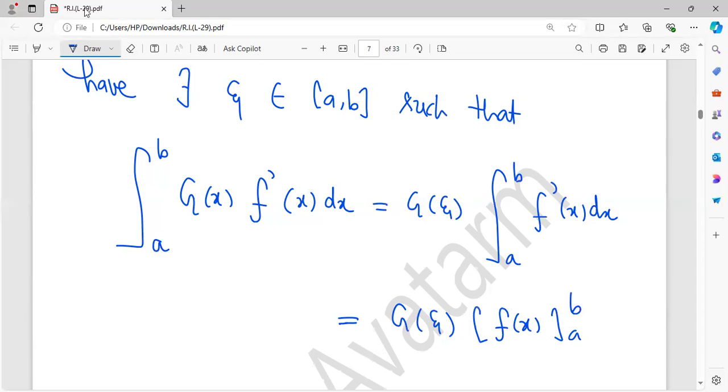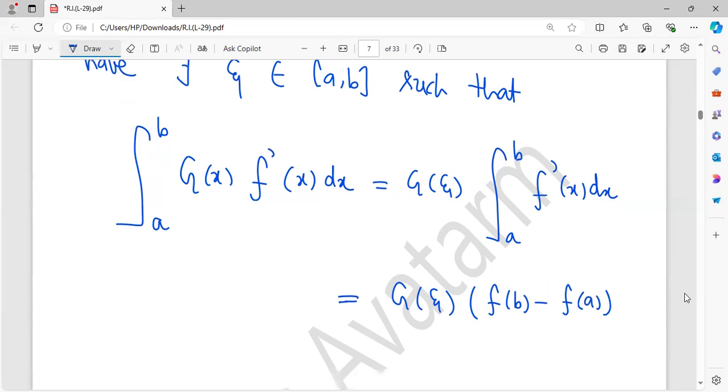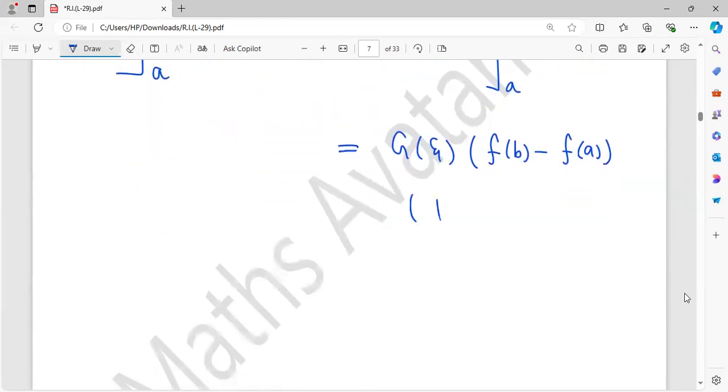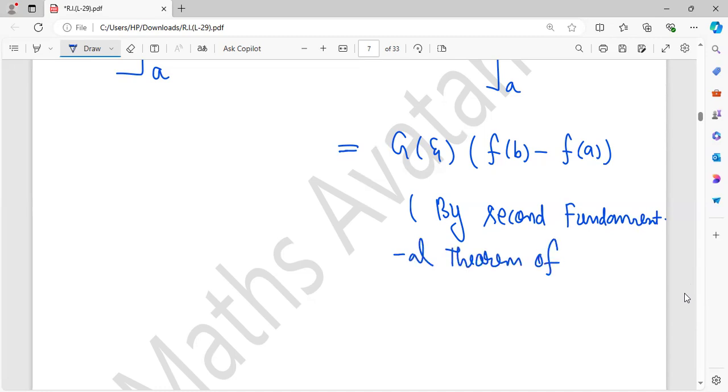I am writing directly, so it will be f b minus f a by second fundamental theorem of integral calculus.